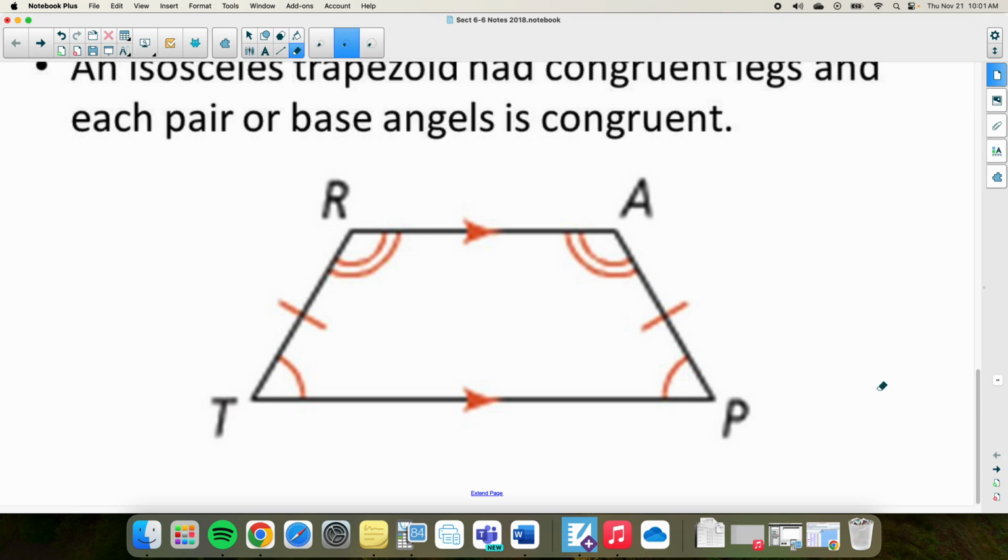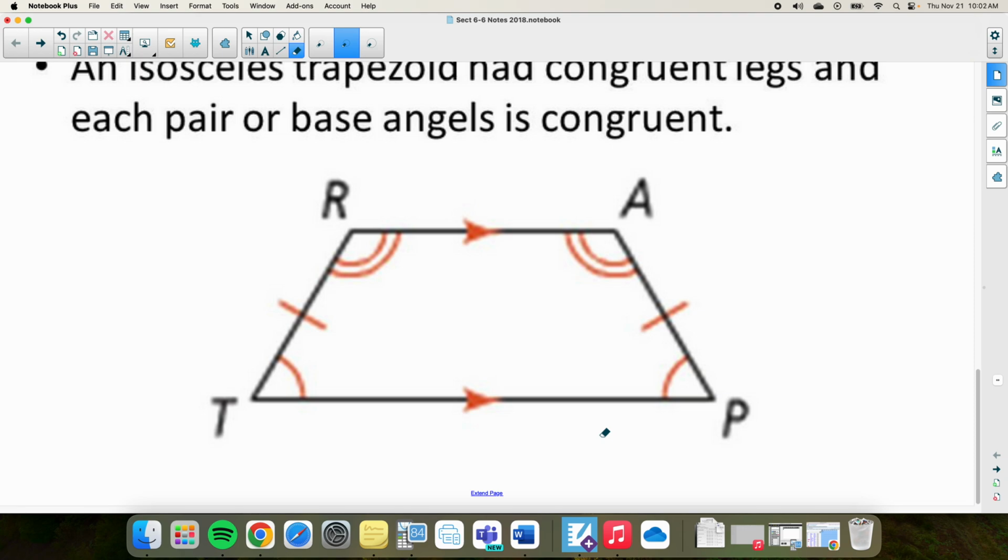Do you guys have anything written on yours? Okay, so let's do this. If they don't have these two marked congruent, do that. If they don't have the bases parallel, do that. And this one is for the isosceles trapezoid. I should have said that.